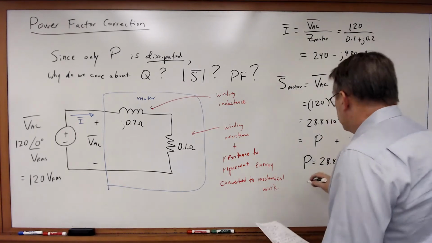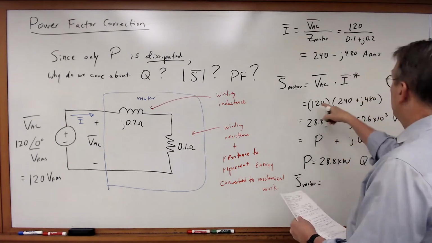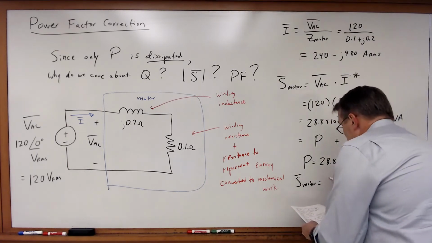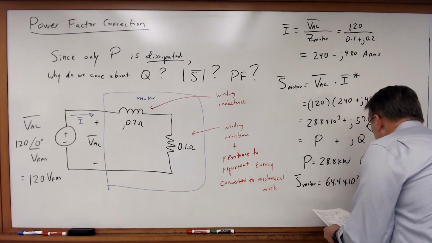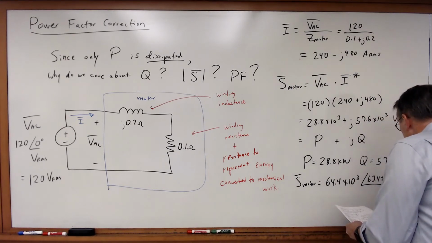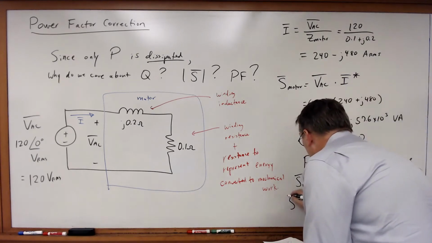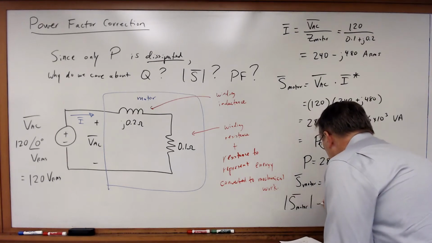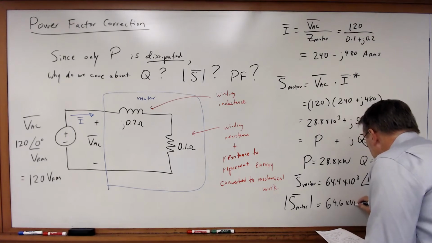Now I can take this and convert S motor into polar form, and then what I'm going to get is 64.4 times 10 to the third at a phase angle of 63.43 degrees volt amperes, and therefore the apparent power of the motor is equal to 64.4 kVA.